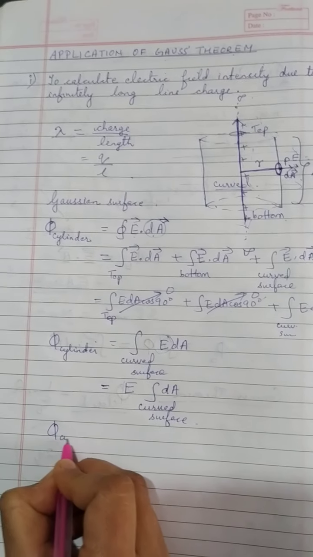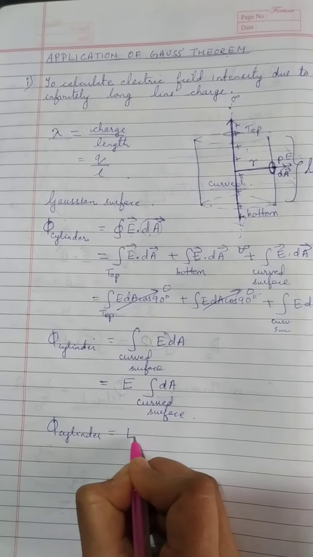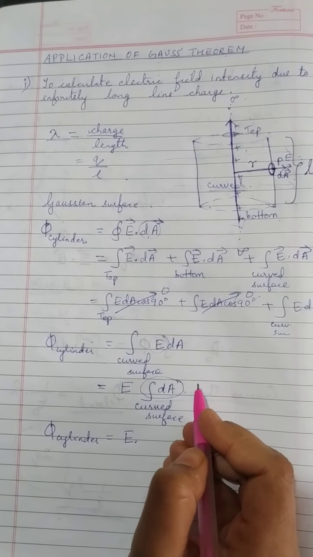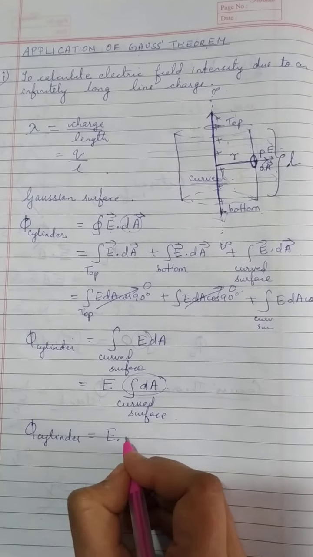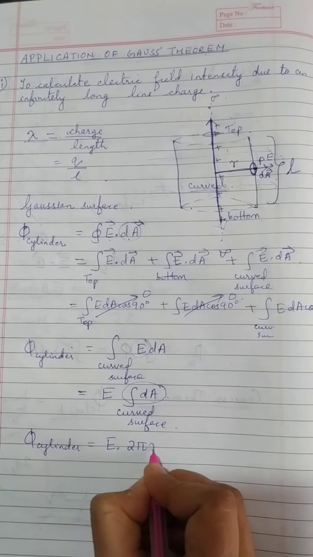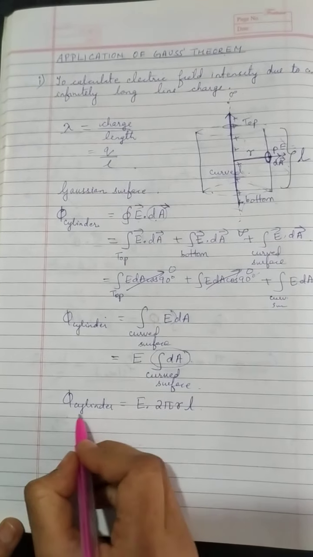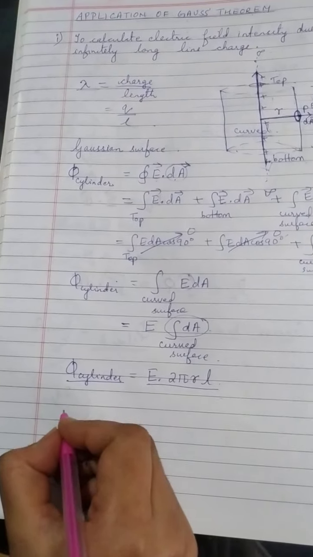So the total flux of the cylinder will be E times the integral of dA over the curved surface, which is nothing but the total surface area of the curved surface, given by 2 pi r into L from the mathematical formula. So this is the total flux of the cylinder.